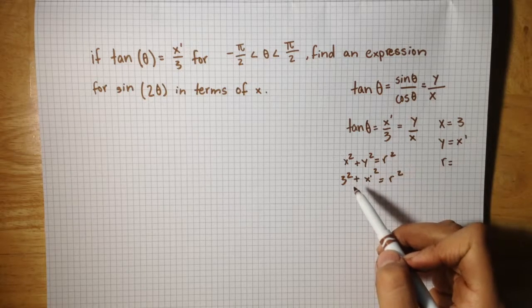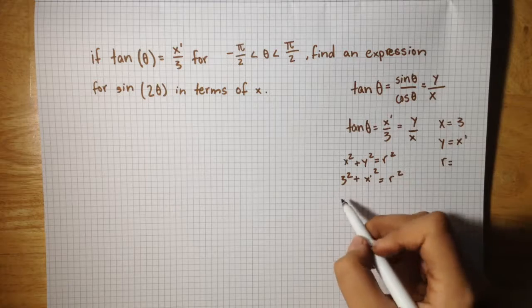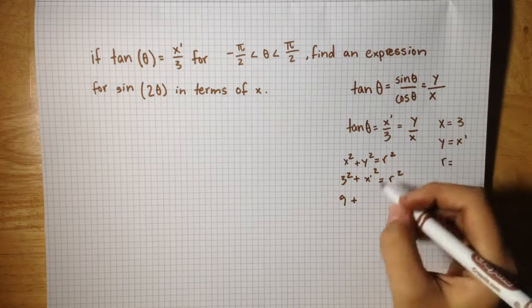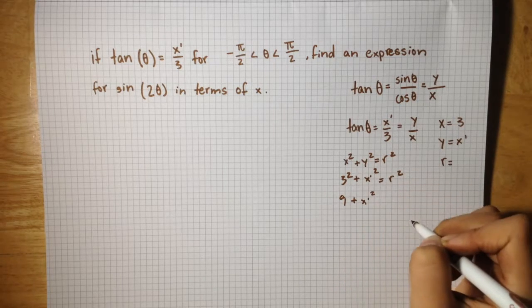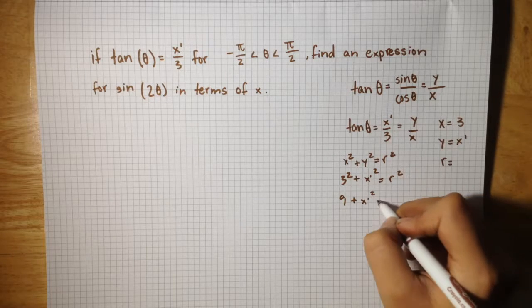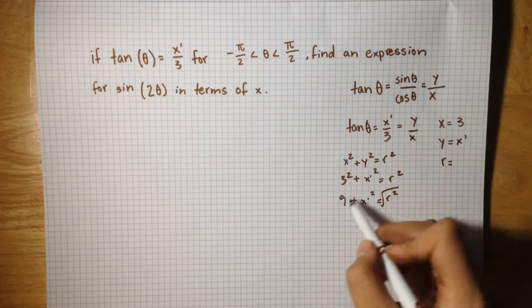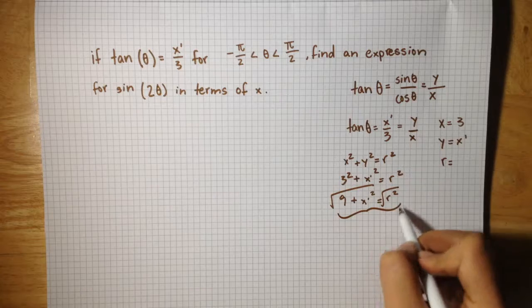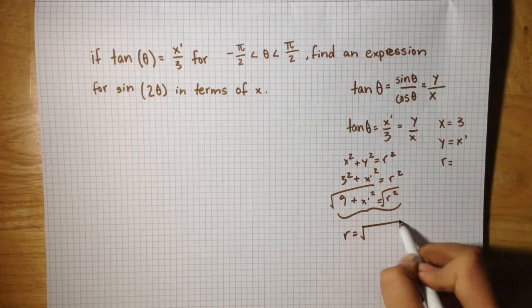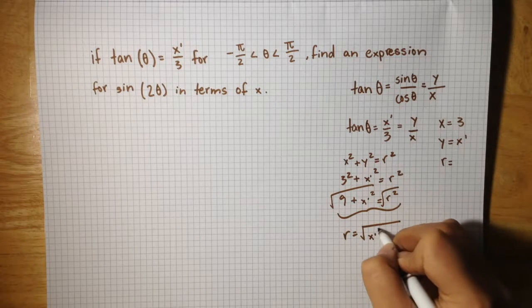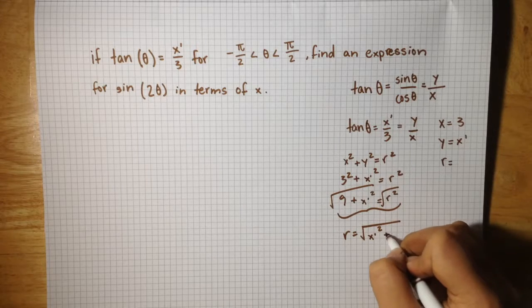So 9 plus x prime squared equals r squared. Square root of both sides, and we get radius is equal to the square root of x prime squared plus 9.